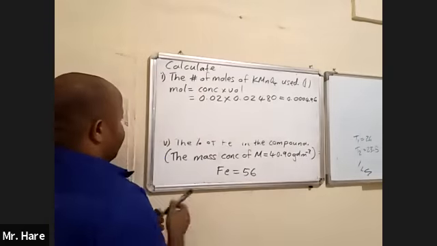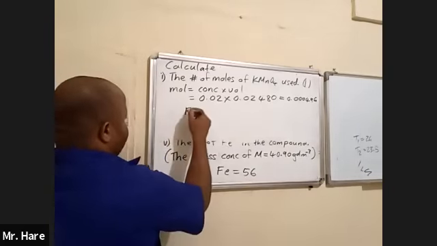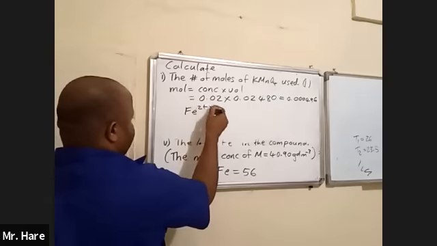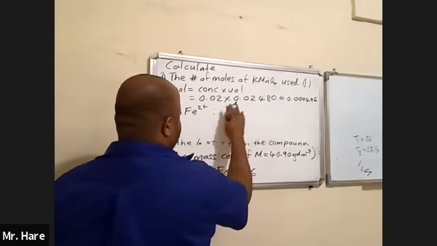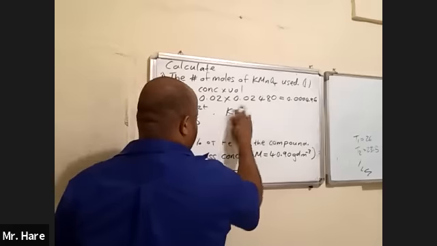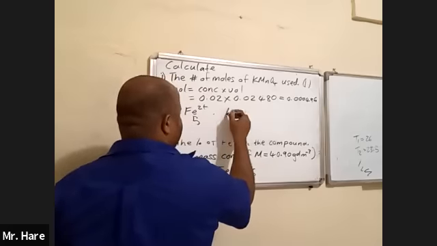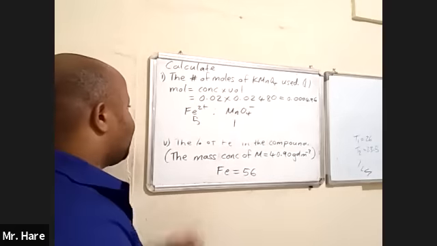So for iron, it's 5 moles of iron to 1 mole of KMnO4, 5-to-1. Even though it's 5-to-1, you have to be careful how you read it, right? So the mole ratio is 5-to-1, but which one of them do you have the moles for?